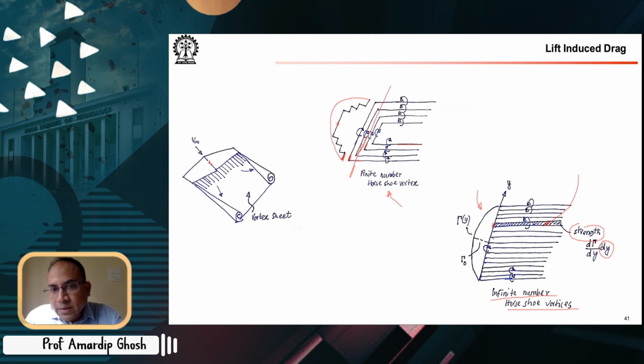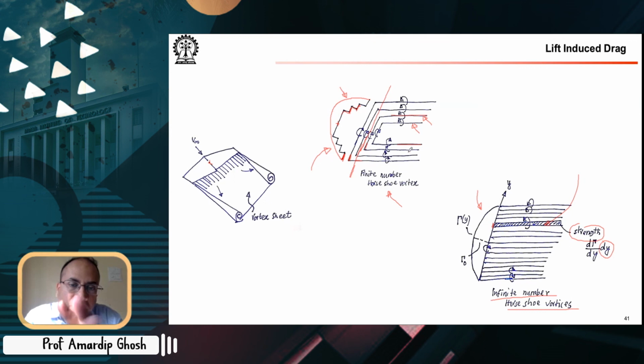So this one just gives you the difference between this level and this level, and then this difference of strength has to be shed along the vortex filament, so that the next vortex filament can match whatever circulation is at this point. So if you think of the finite version, or the finite number of horseshoe vortices, you can see how the strength of these things relates to the change in these levels.